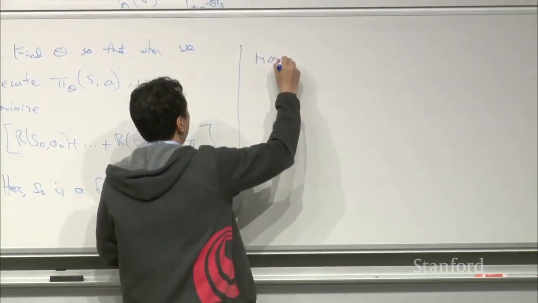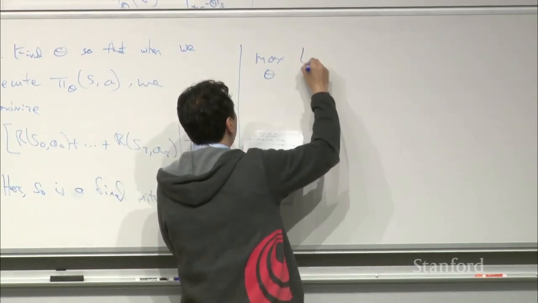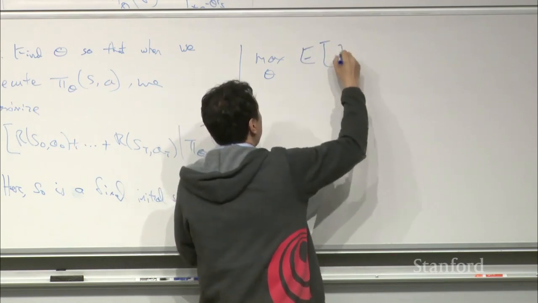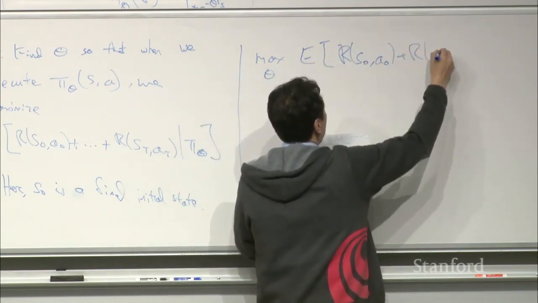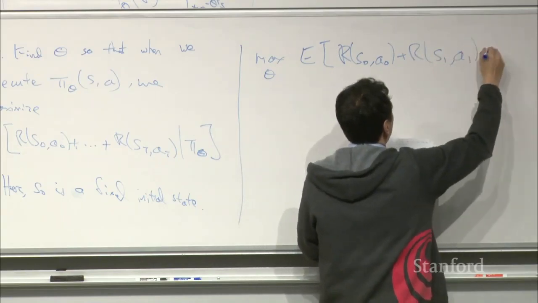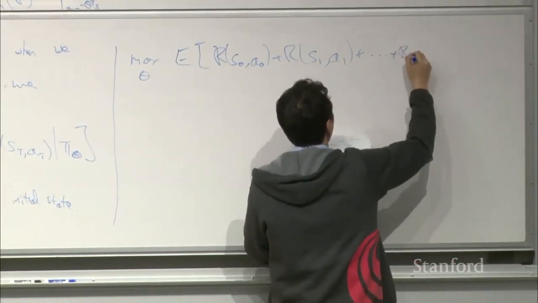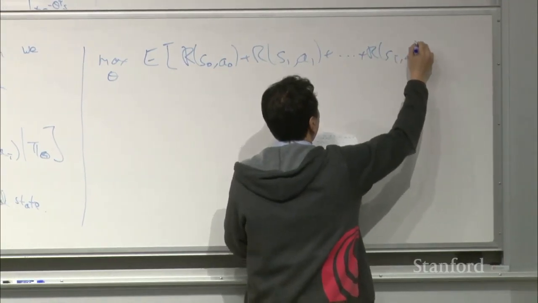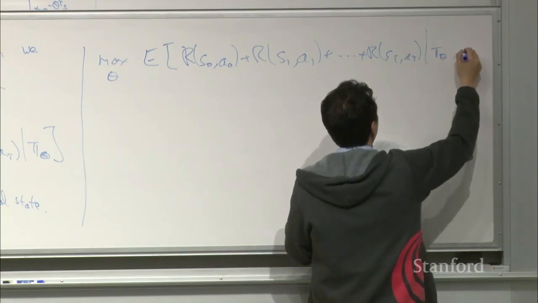So, let's write this out. The goal is to maximize over theta the expected value of R of S0, A0, plus R of S1, A1, plus dot, dot, dot, up to R of ST, AT, right? Given pi theta.